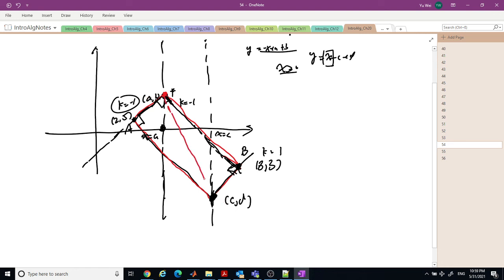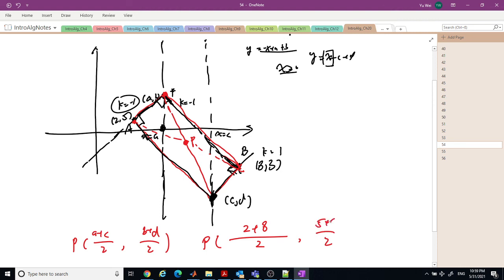That means the half of A and C is the center point P. So xp is half of A plus C, and half of B plus D. And P is also the center point of AB, so P is also half of 2 plus 8 and half of 5 plus 3.